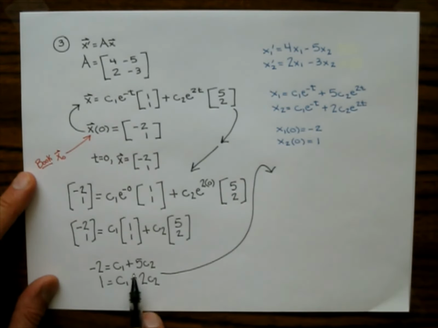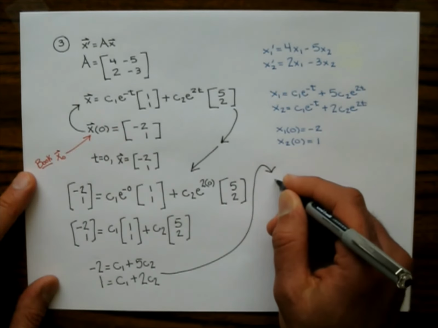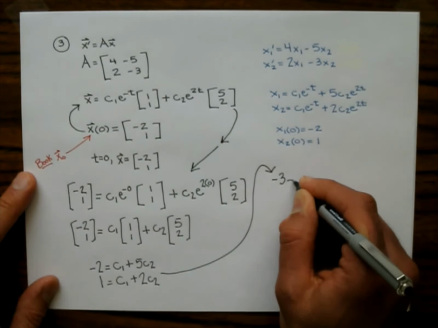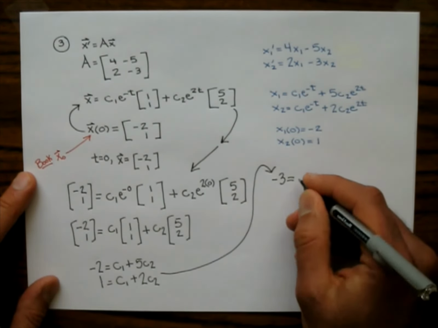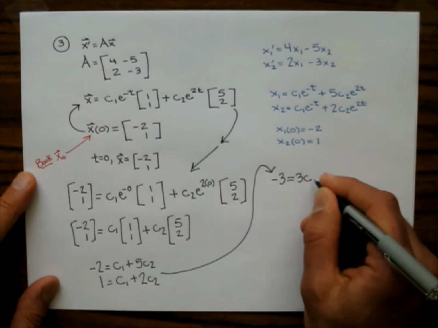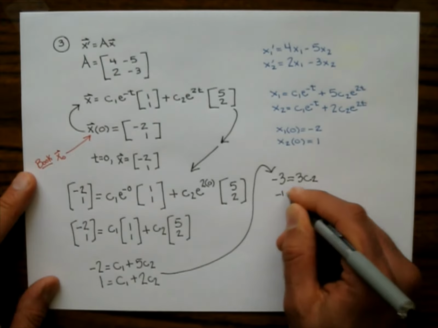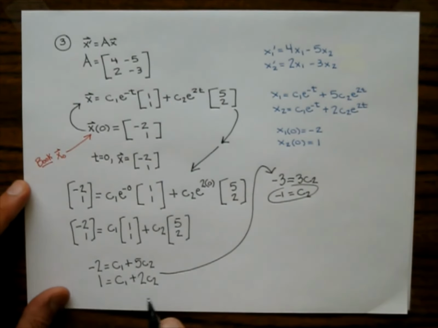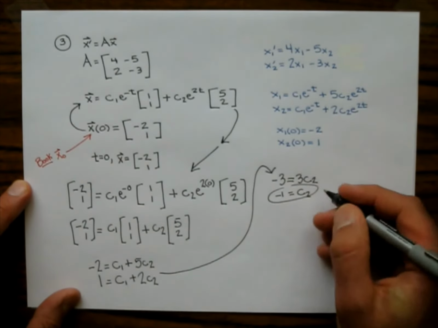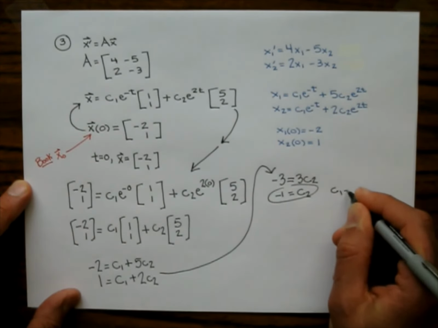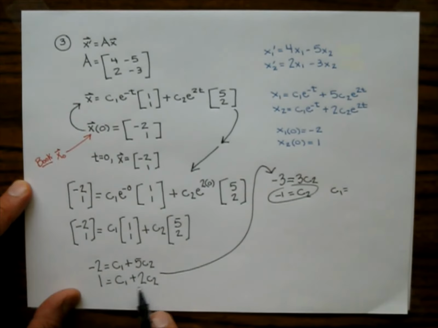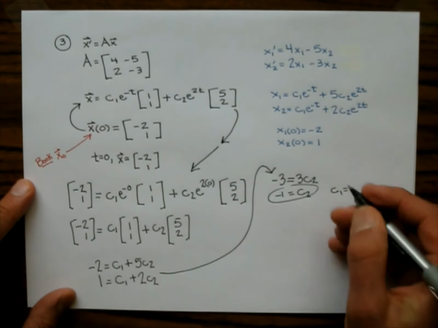I'll go equation 1 minus equation 2. So this gives me -3 equals, the C1s are out of there, 3C2. So C2 equals -1. And then I can plug that back into the bottom equation or the top equation, and I'm going to end up getting C1 equals, let's see, -2, we add, so that's going to be 2 plus 1, which is 3.